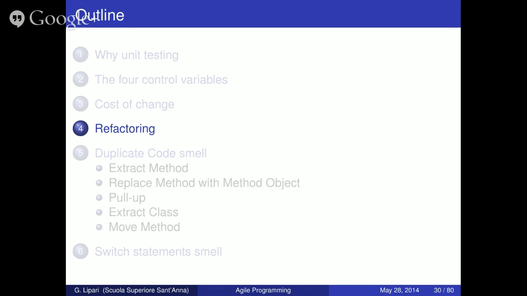Okay? So one aspect of being flexible is to be able to refactor your code often. What does it mean to refactor? So before going and looking at a real development process, and this will be done probably later today or tomorrow, we need to understand how it is possible to change existing code. So the idea is that you have something that is already working, and you need to introduce some change.